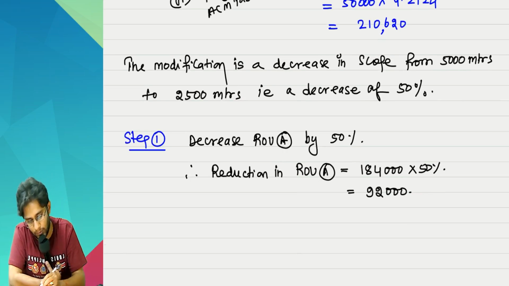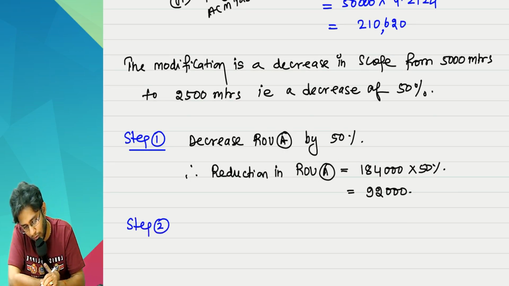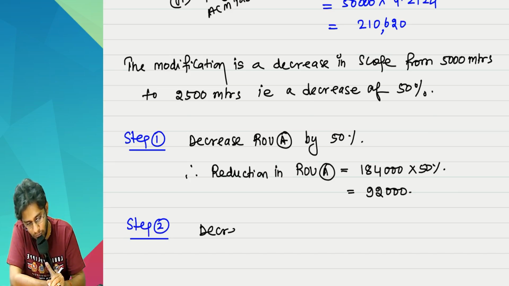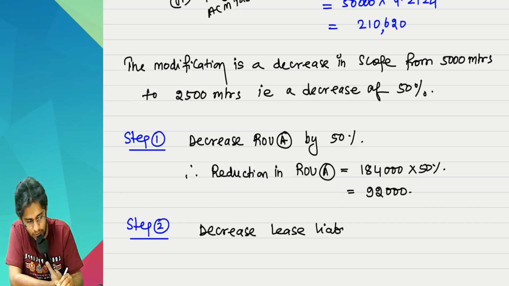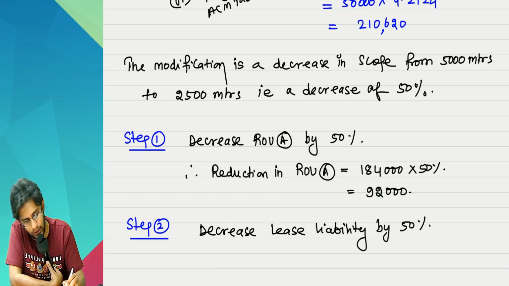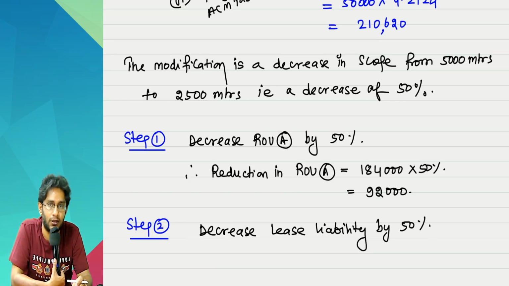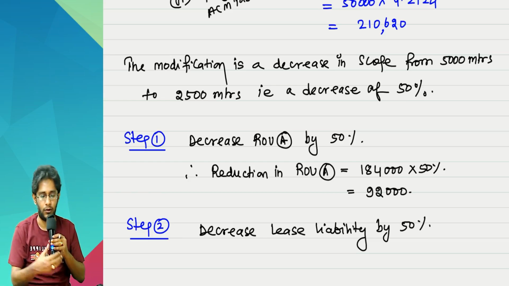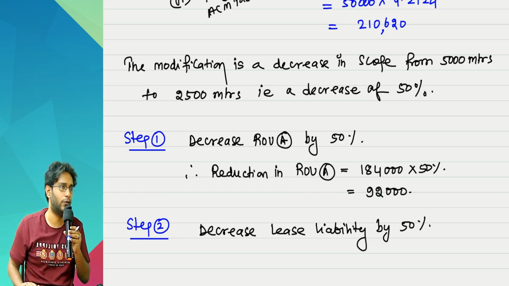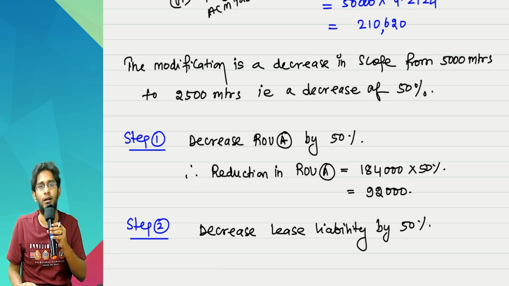Okay. Step number 2: decrease lease liability by 50%. So lease liability reduction by 50% is normally whatever carrying amount is there, in that half only you have to remove. Will every sum work like that? No, it will not.